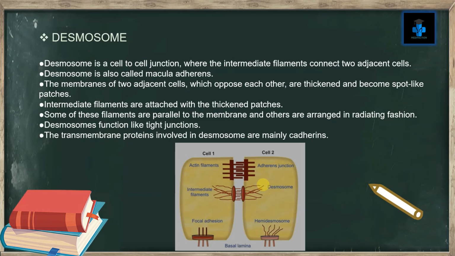Intermediate filaments are attached to the thickened patches. Some of these filaments are parallel to the membrane and others are arranged in radiating fashion. Desmosome functions like tight junctions itself. The transmembrane proteins involved in desmosome are mainly cadherins.